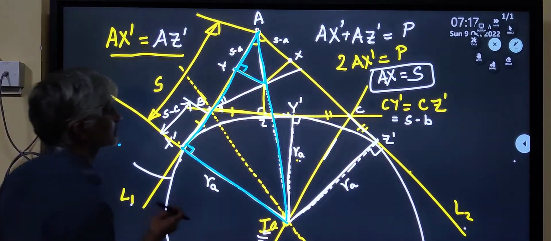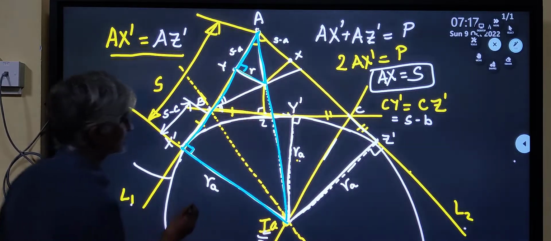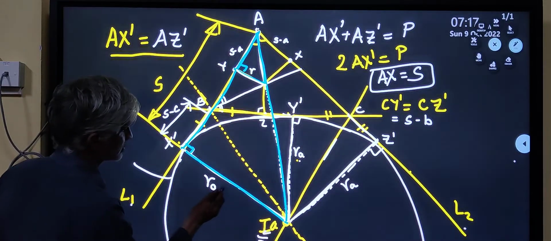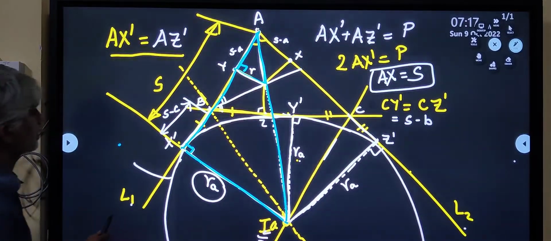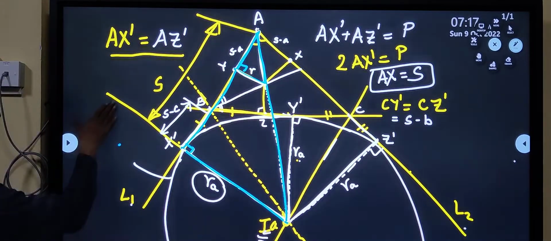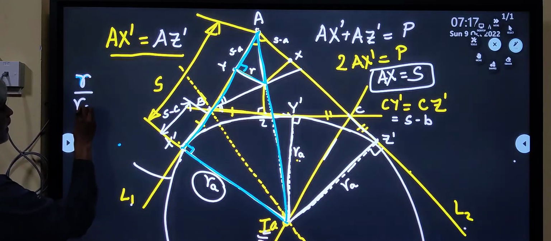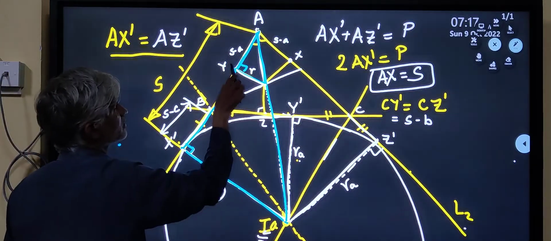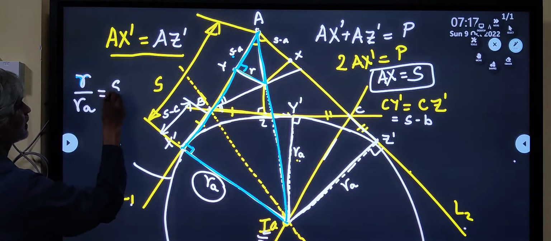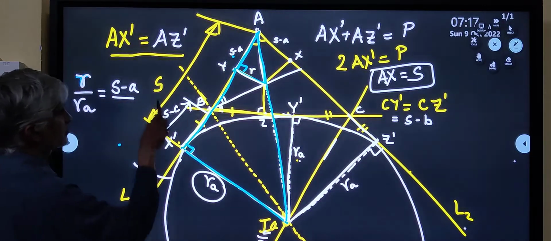And in these two similar triangles, this length we already know is the inradius. This length is the so-called radius of the excircle, and so I can write here R_A divided by R_A is equal to this distance, which is s minus a, divided by this distance, which is equal to s.